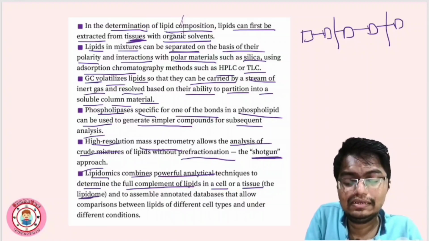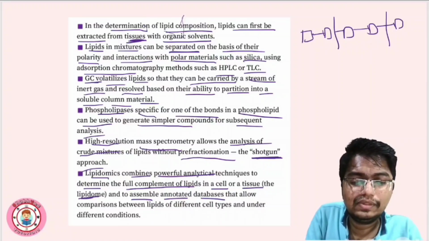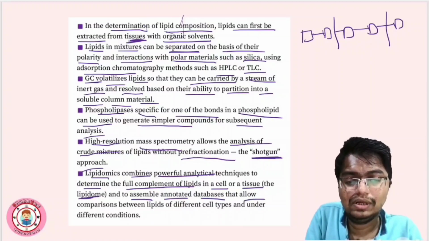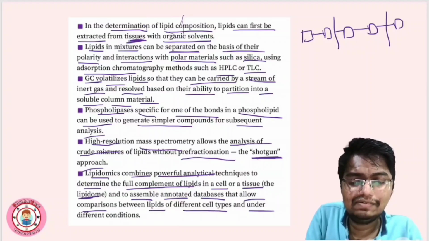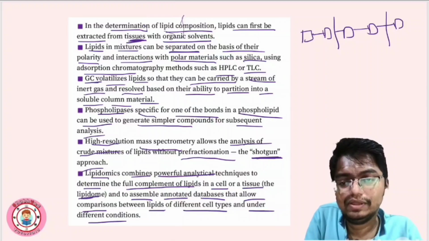एज वेल एज वी कैन assemble annotated databases that allow comparison between lipids of different cell types as well as under different conditions. Means what?